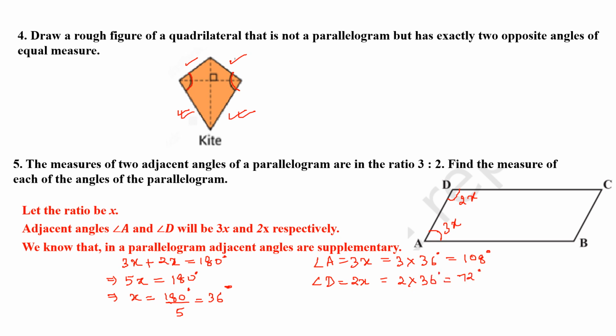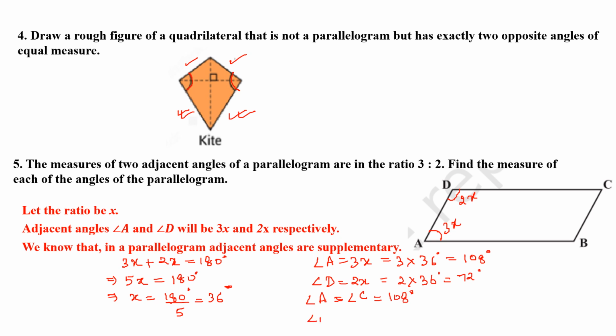Now once I get the value of angle A and D, now we will use the property that in a parallelogram opposite angles are equal. So if angle A is 108 degree, angle C will also be 108. If angle D is 72 degree, angle B is also 72 degree. So from here I can write angle A is equal to angle C and the value will be equal to 108 degree.